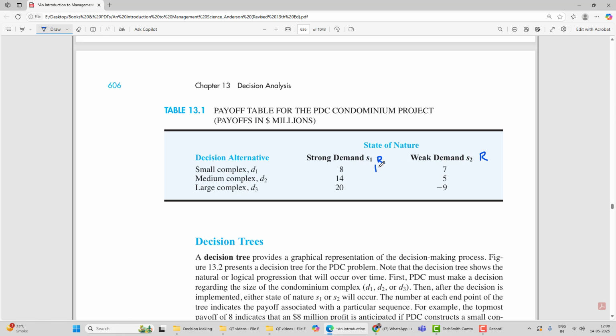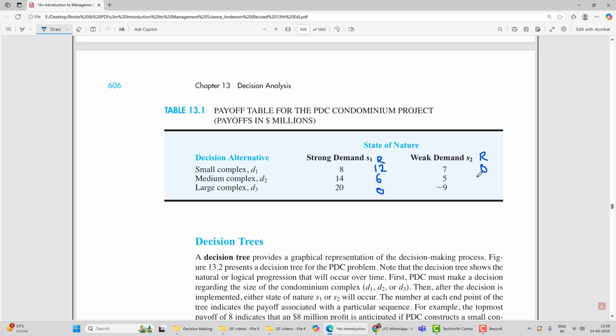So this will be 20 minus 8, 12 regret. This will be 20 minus 14, 6 regret. If he makes a decision D3 and the reality is strong, there will be no regret, right? If his decision is small and there is a weak demand scenario, there will be no regret, because that is the best decision he has taken.